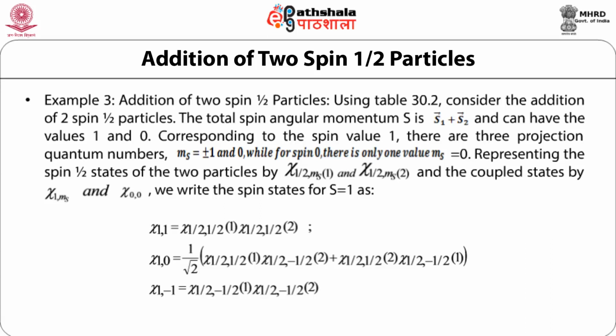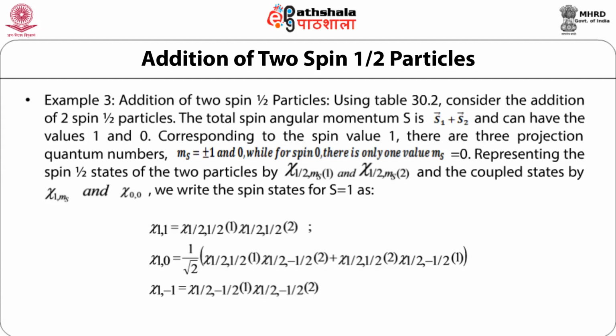For the case where we are considering half plus half, we get the value of the total spin angular momentum as 1, and where we are considering the case half and minus half, the value of the total spin angular momentum comes out to be 0.